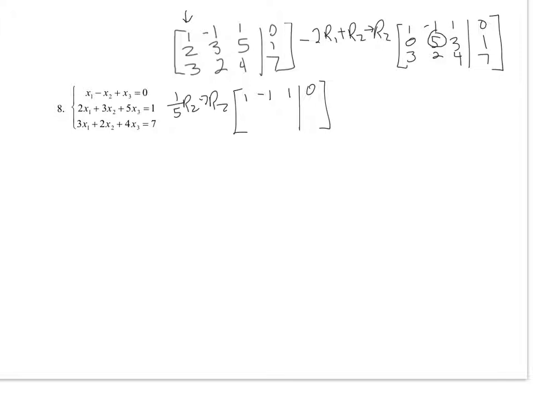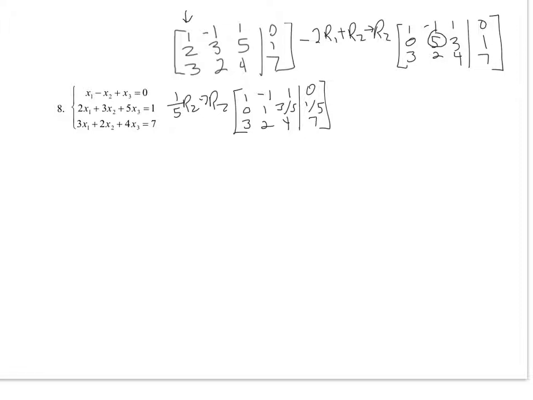My second row, when I multiply by 1/5, will turn into 0, +1. Now 1/5 times 3 is a fraction, it's 3/5. And then 1/5 times 1 is 1/5. And my bottom row is still 3, 2, 4, 7.